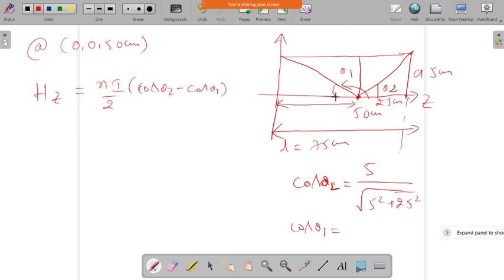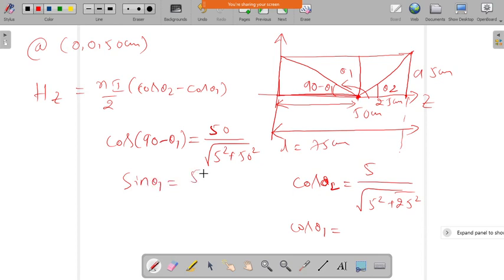So similarly you can write this one 90 minus theta 1, and we have this value which is 50 and this value which is 5. We can find out what is cos of 90 minus theta 1. Cos of 90 minus theta 1 is equal to 50 divided by square root of 5 square plus 50 square, which is nothing but sin theta 1, equal to 50 by square root of 5 square plus 50 square. But we need the cos theta 1, not sin theta 1.